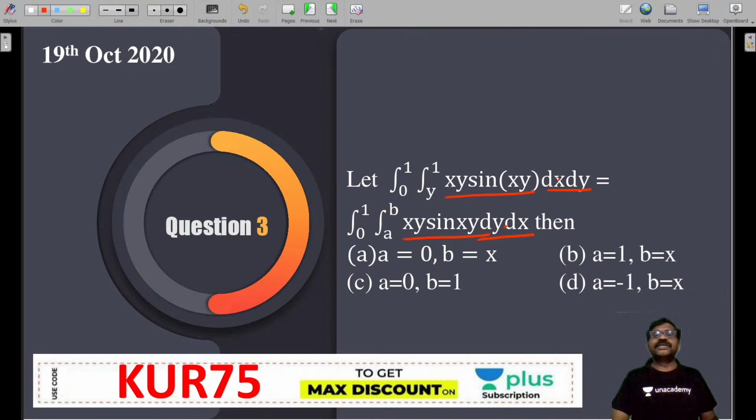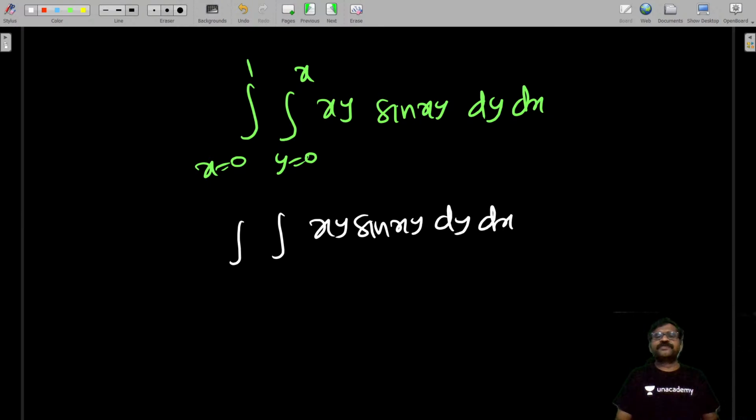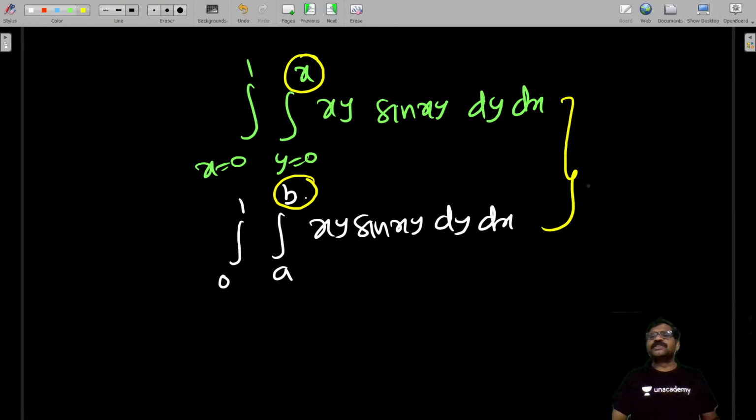When you change the order of integration, what are the new limits? Observe. If you compare this integral, xy sin xy dy dx, 0 to 1, a to b, with the other, we can understand that the value of b is nothing but x, and the value of a is 0.